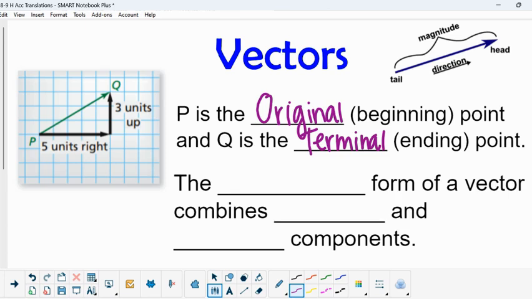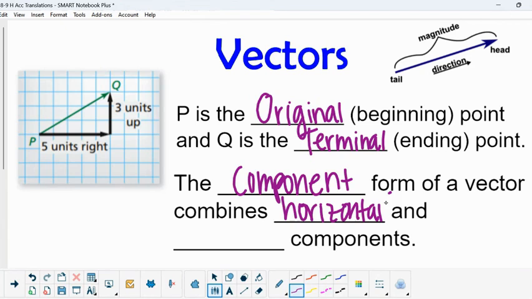And so the component form, we call this the component form of a vector, is going to combine that horizontal component, which is our x's, and vertical component, which is our y, up or down component, to create the vector notation.